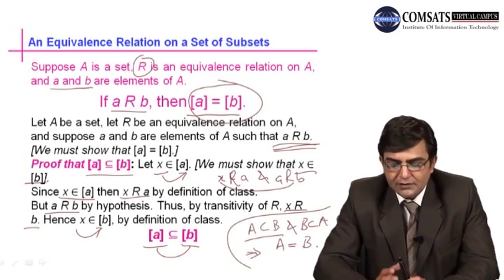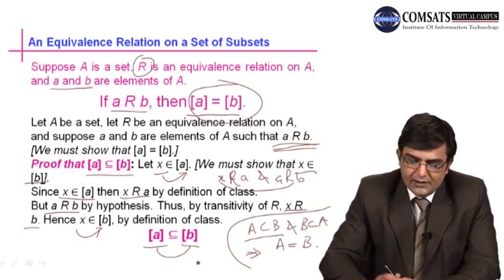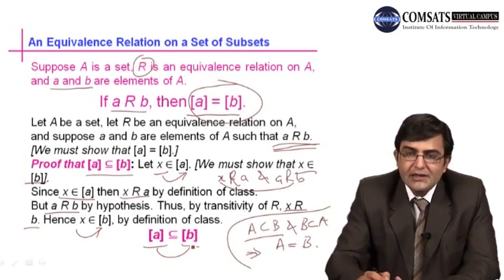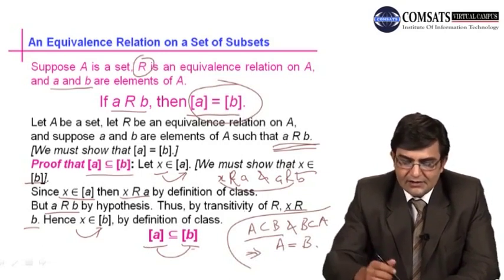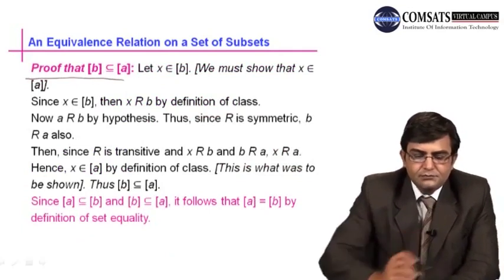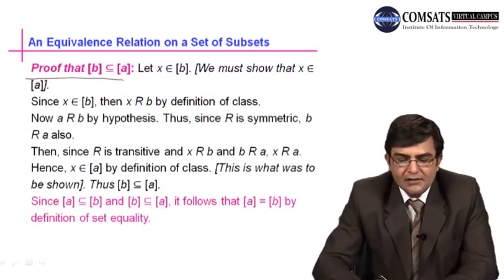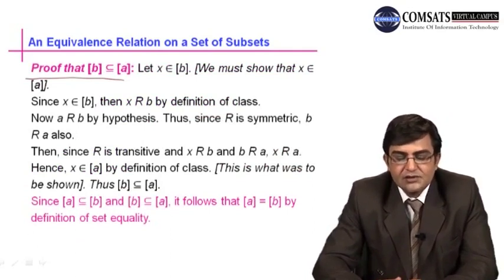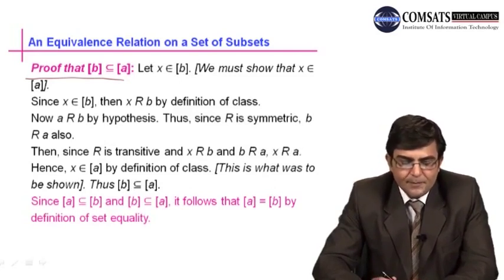Now we have to prove the reverse, that the equivalence class of b is a subset of the equivalence class of a. We shall prove it on the same lines. We choose some arbitrary element x of the class of b, and then we shall prove that x belongs to the equivalence class of a.